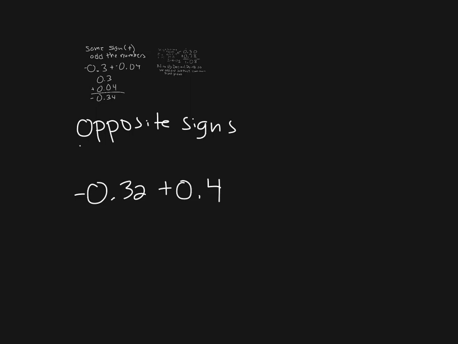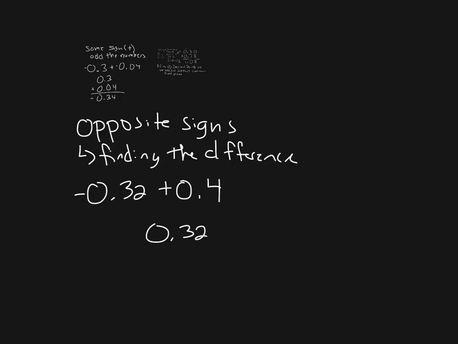Remember, we're really finding the difference. So here, and then the order doesn't matter. So I'm going to take the 32/100 and I have my 4/10. So I'm actually going to put the 4/10 on top, make it 40/100, so I have that common denominator. So end up with 8 hundredths.